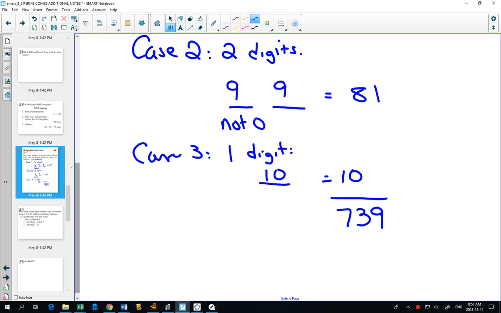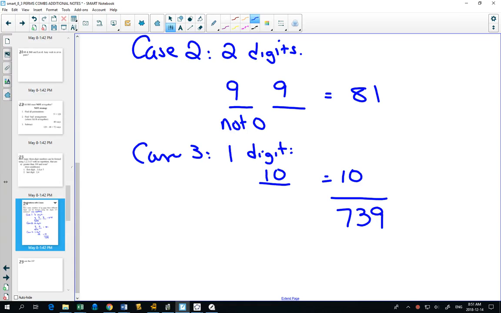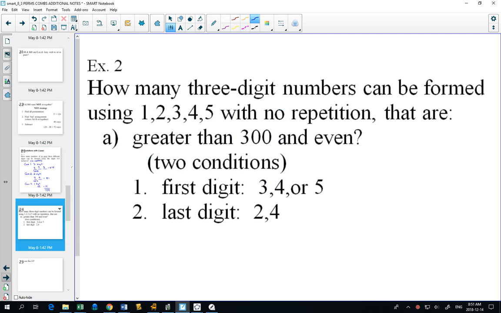So we get these cases questions, and probably the most typical place that you get a cases question is something like this. How many 3-digit numbers can be formed using 1 to 5, no repetition, that are greater than 300 and even? This one has 2 conditions or 2 restrictions.